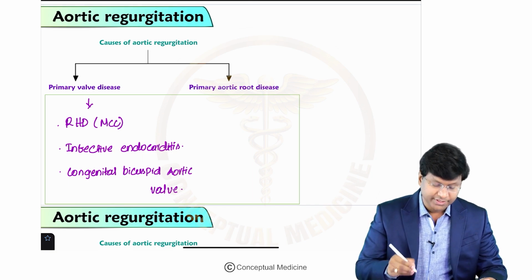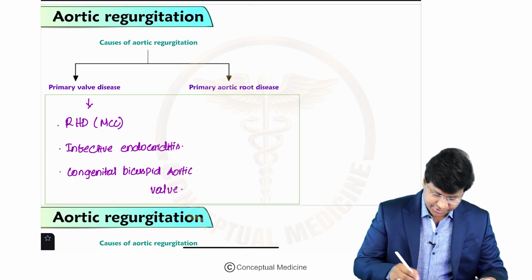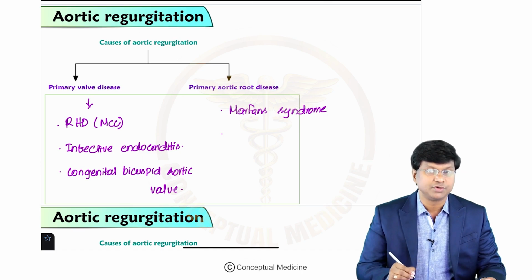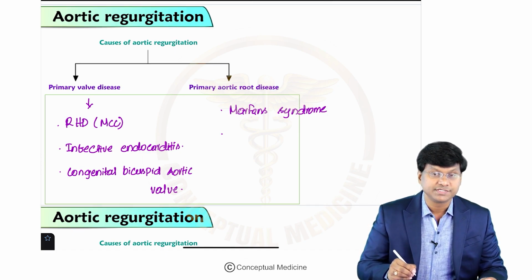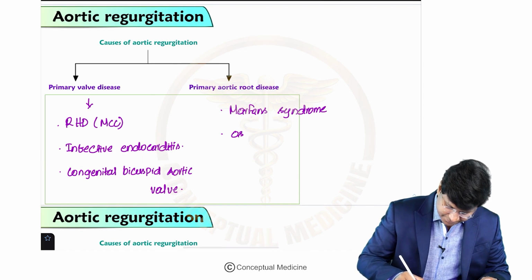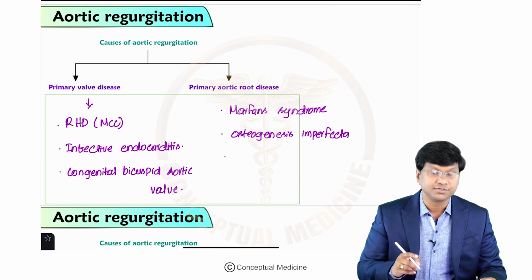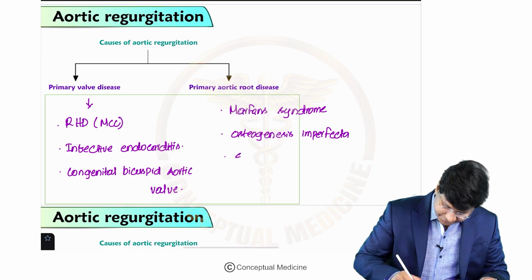And if you take the aortic root diseases which will cause aortic regurgitation, that includes Marfan syndrome, and the next important aortic root disease will be osteogenesis imperfecta. Next we have severe hypertension causing aortic regurgitation.